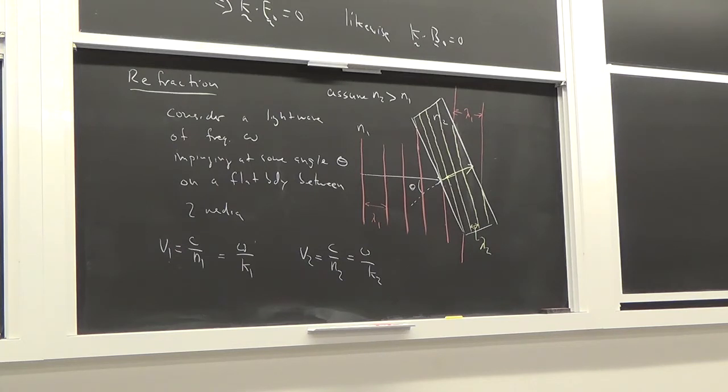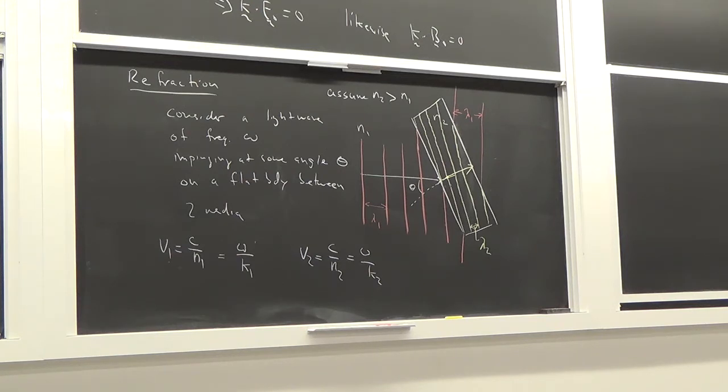This distance is lambda 1. And let's see, so this will be angle theta 2, I guess. So this is the incoming wave. Now the outgoing wave twists by some angle.